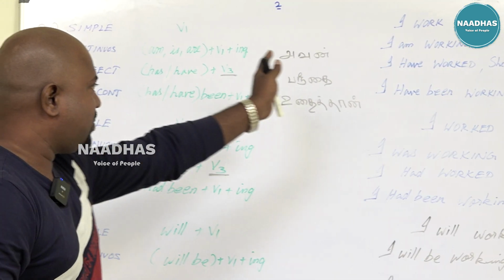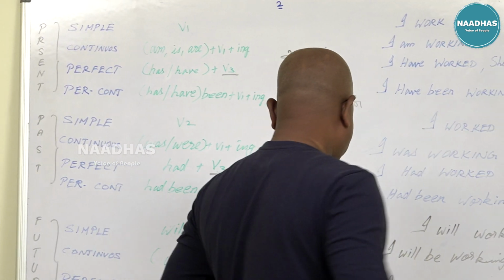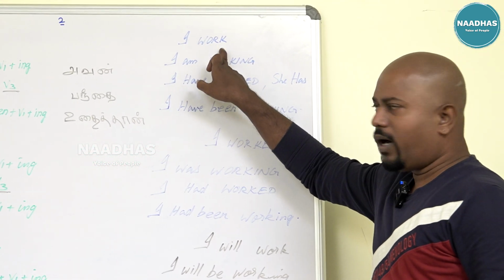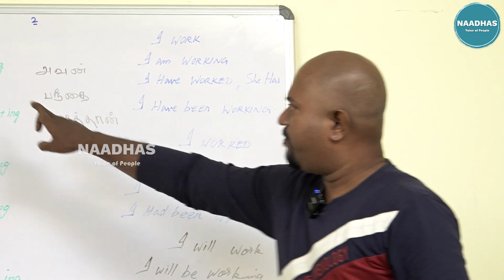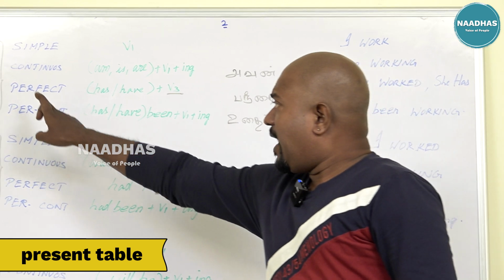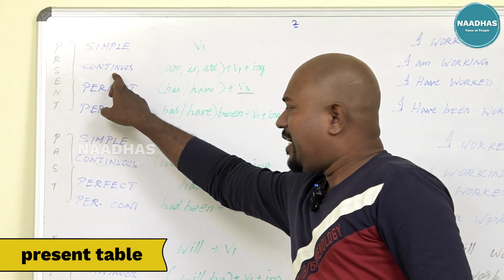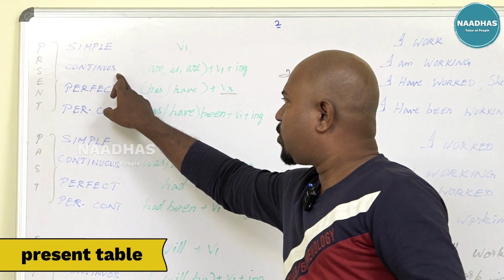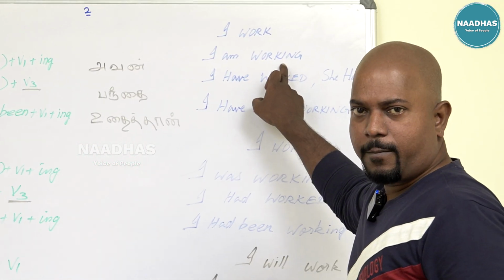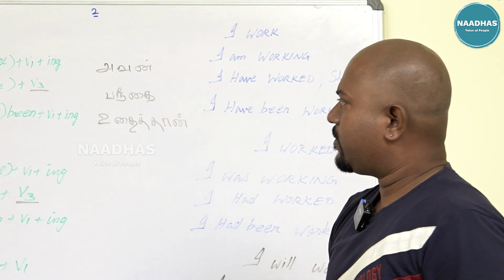If it is a big sentence, it takes a longer time. All right. Simple thing: I is the subject, work, present tense. See, V1, it's present. I work. Then comes present continuous. Continuous itself, you know well, should be in the ing form. So, I am working.